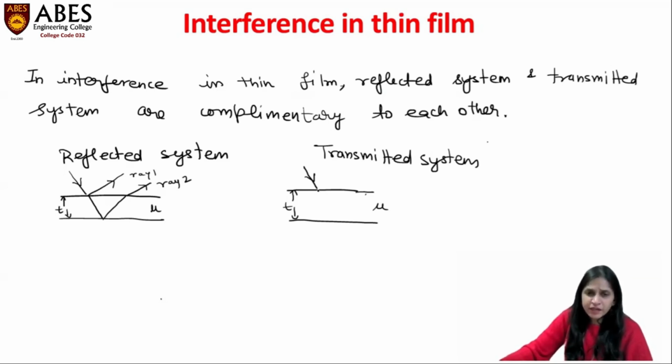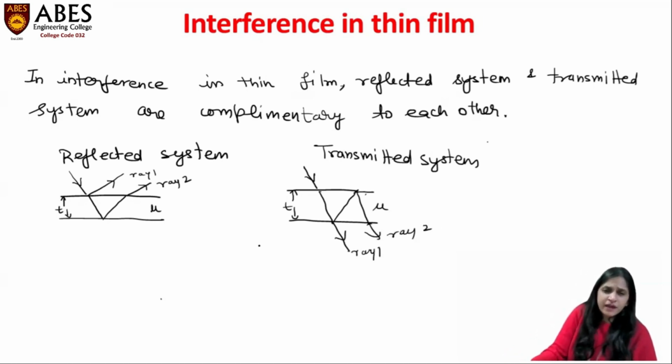So now let me draw the diagram of transmitted rays. The light will be transmitted from here and here. So over here in the transmitted system, this is ray 1 and this is ray 2.